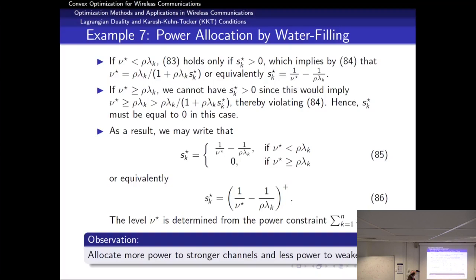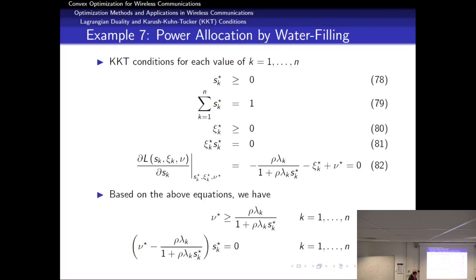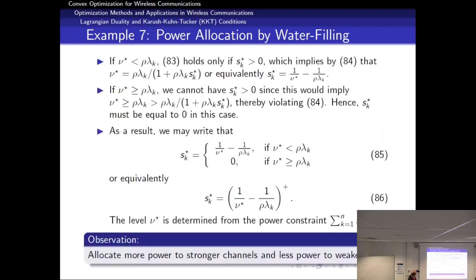So your nu is smaller than this quantity. If nu is smaller than this numerator, this is possible. You're going to have an sk that is positive. So you're going to have an sk that is positive only if this condition is satisfied.